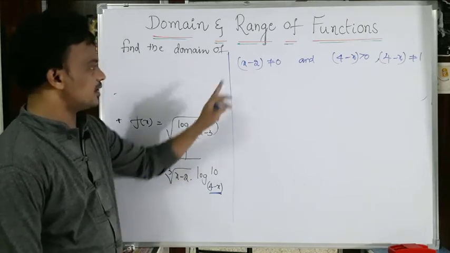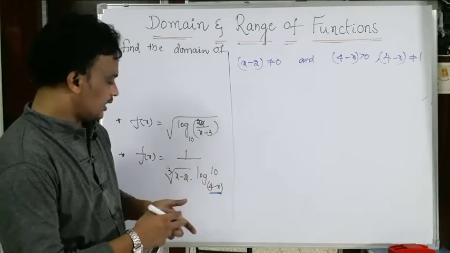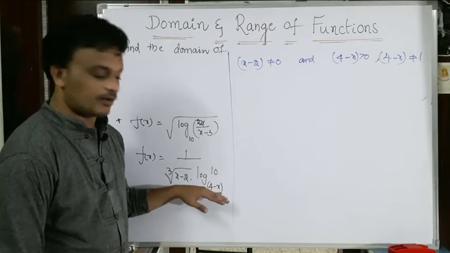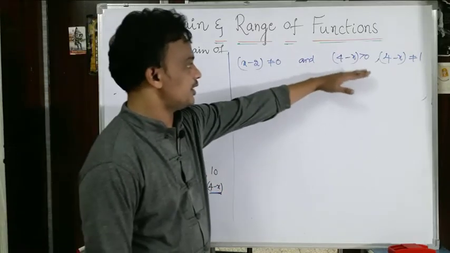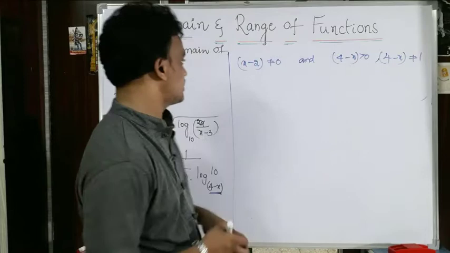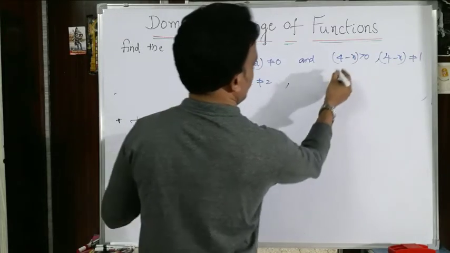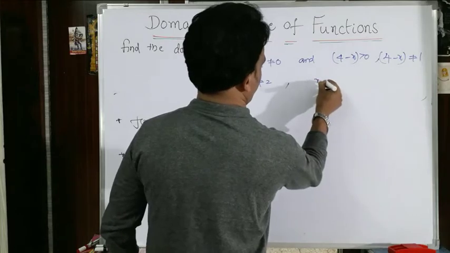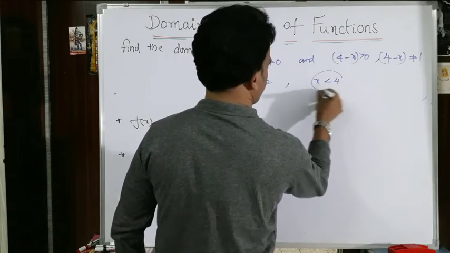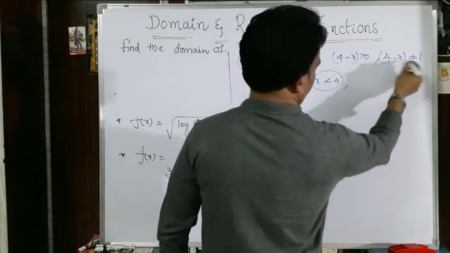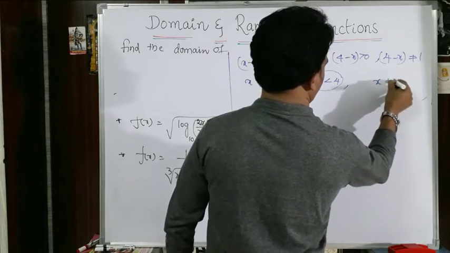Denominator x minus 2 is not equal to 0, and 4 minus x is the base of a logarithm, which should be positive and not equal to 1. Then come on, simplify. So, x not equal to 2, and 4 minus x greater than 0, x minus 4 less than 0, x less than 4, and here x not equal to 3.